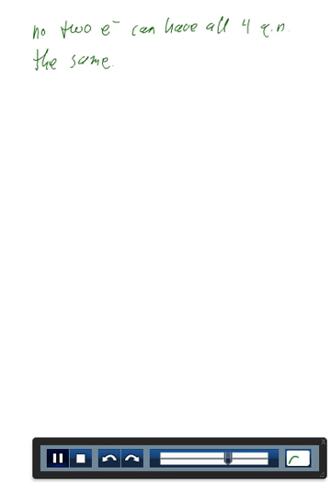So, say we have our 1s orbital. I'm going to draw a line here, and I'm going to draw electrons as arrows. So, say I put an electron in the 1s orbital, and I'm going to use arrows so that the up arrow means the m sub s, the spin quantum number, is 1/2, and a down arrow means the m sub s quantum number is -1/2.